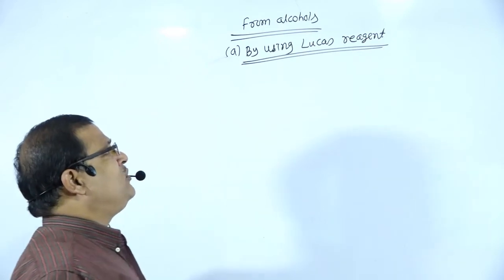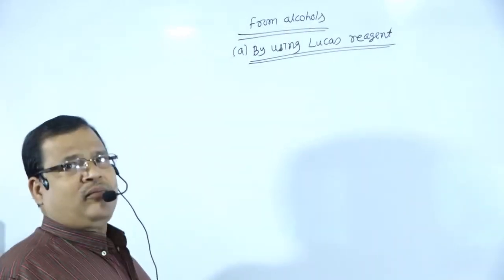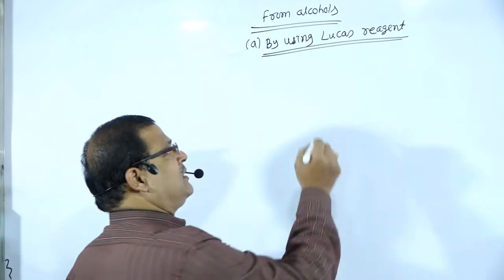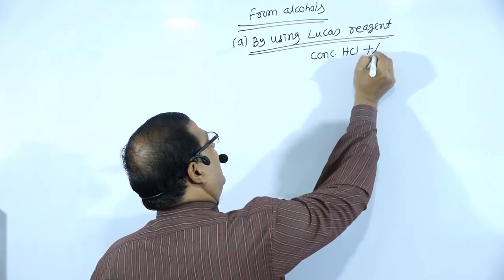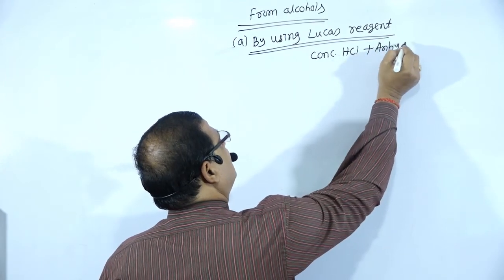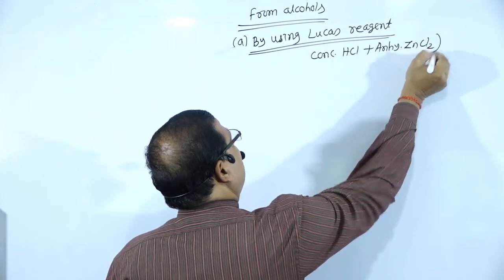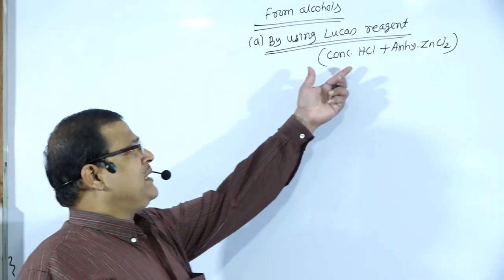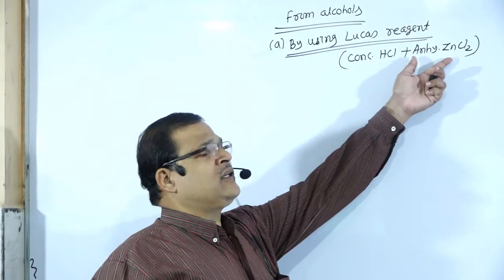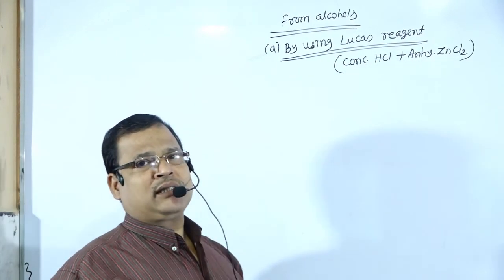From alcohols by using Lucas reagent. What is Lucas reagent? The mixture of concentrated HCl and anhydrous ZnCl2 is known as Lucas reagent.